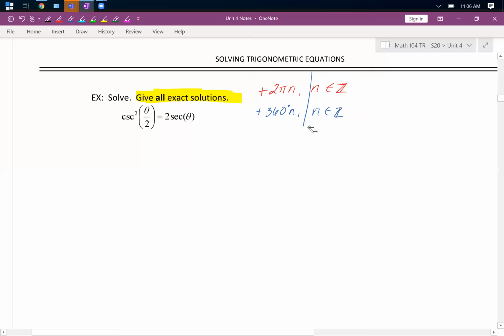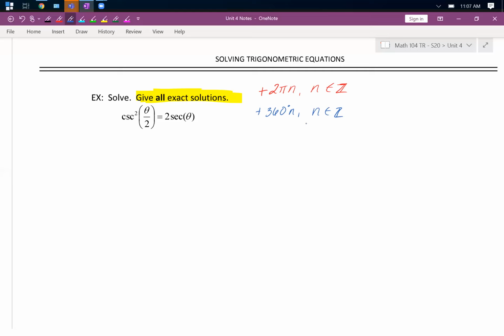Okay. So let's solve: cosecant squared of theta over 2 equals 2 secant theta. Well, right away, I notice a couple things. I don't have the trig functions that I'm most comfortable with, which are sine and cosine. I also notice that I have 2 different arguments.